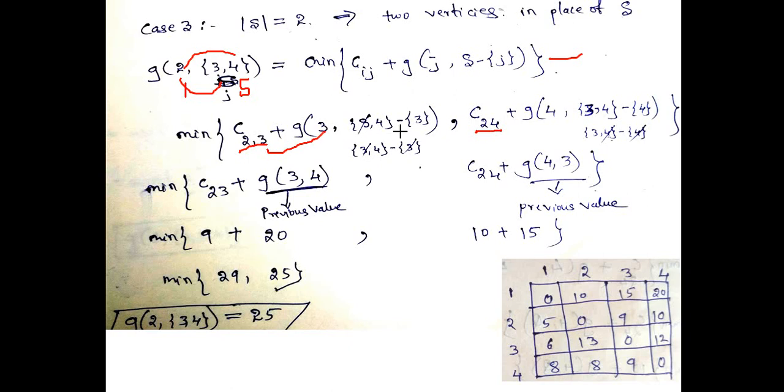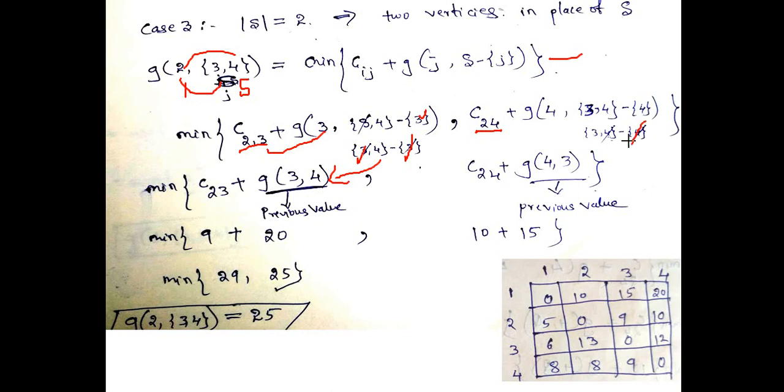Now J value is what here? 3. You just write 3. Now S values are how much? There are two S values, 3 and 4. Write as it is. Minus J value, which is 3. So 3 sets are 3 comma 4 minus 3. So you just exclude 3 here. What is the remaining? 4. So this 4 you have to write as it is. That is the excluding process.